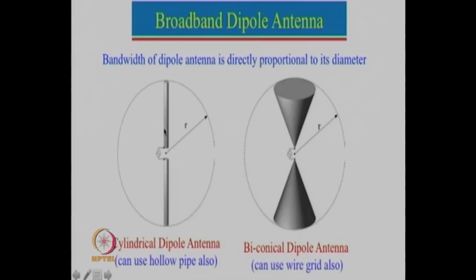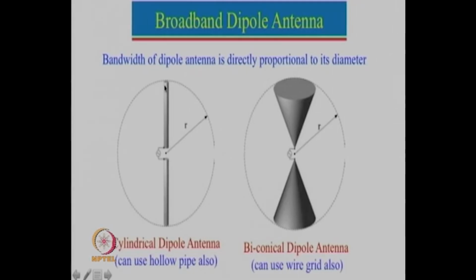The reason for that is we are assuming that the current is, let us say if it is a sinusoidal current, we are assuming this is 0, this is maximum, this is 0, but at that point we are assuming that the current is uniform along the diameter. But if the diameter is large, suppose just think about that, if the diameter is large, that means circumference will be large, and if circumference is large, then what will happen?